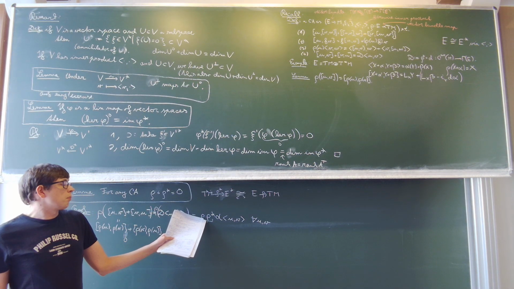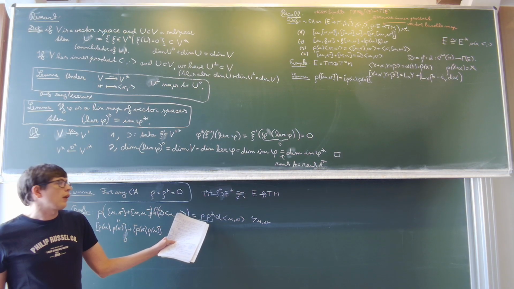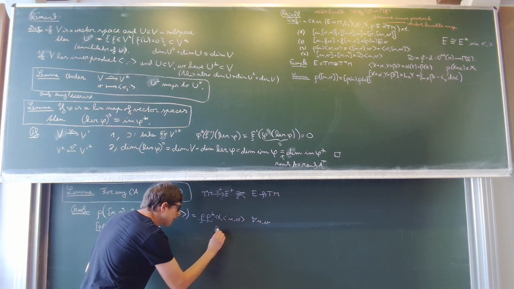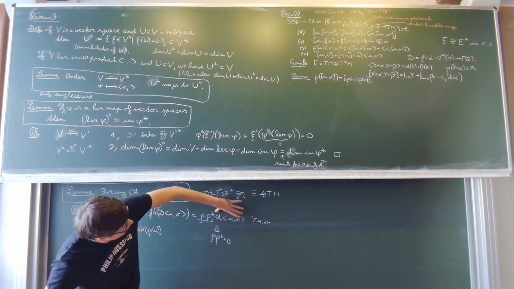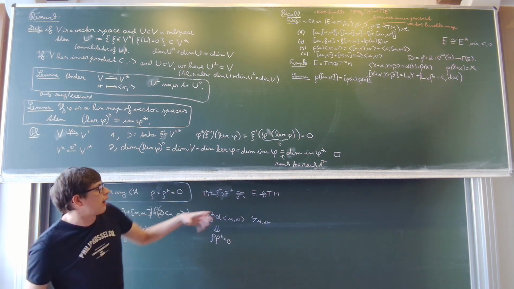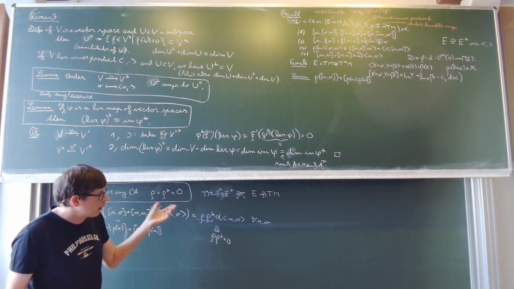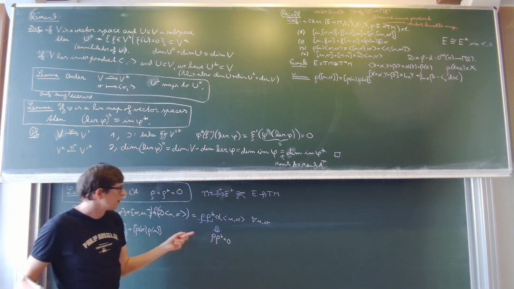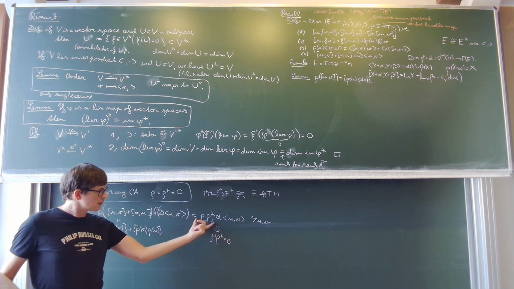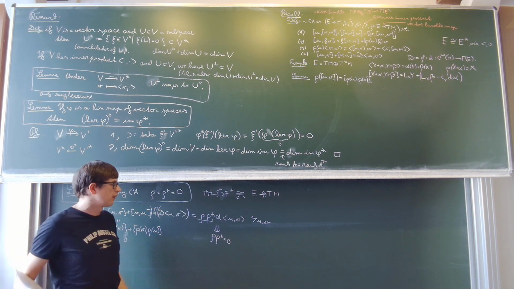So this implies that the composition has to be 0, simply because any form can be written as exact forms times some functions, and you can always take the functions out because this is a vector bundle map.